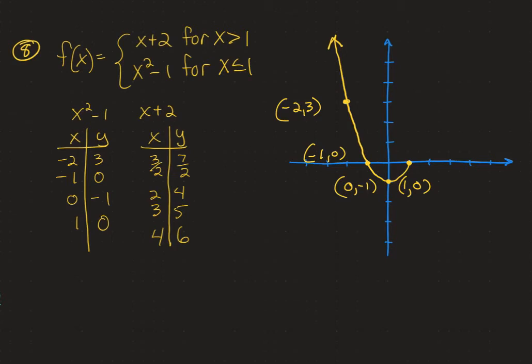But what happens at 1? At 1 for this piecewise function, the function value is 0. And that's because that's what is indicated here, less than or equal to 1. But then just after 1, anything greater than 1, we jump to this function.